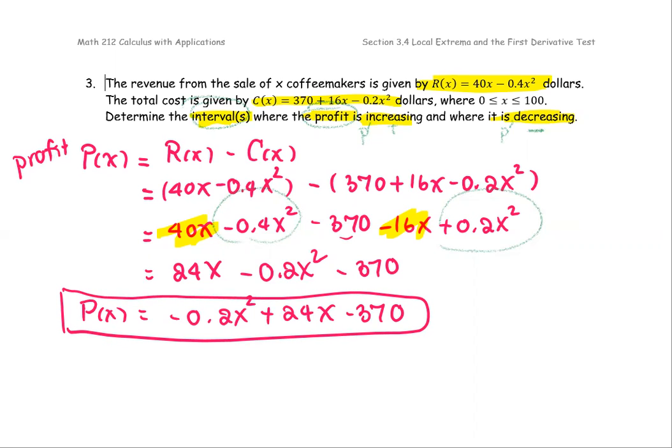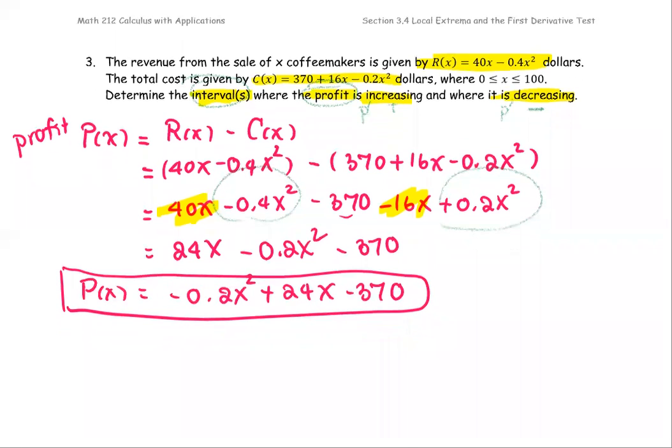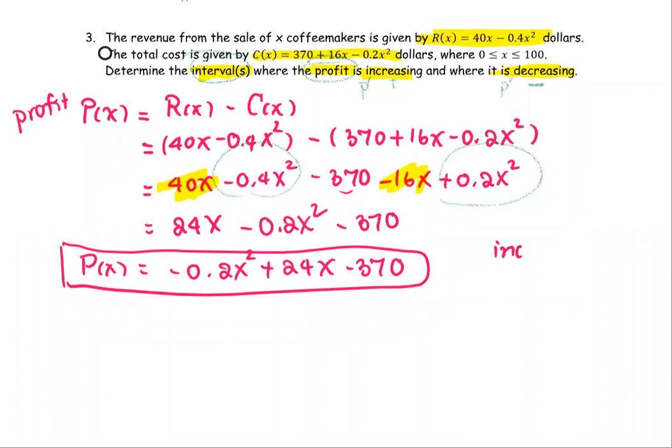Your goal is to find the interval where the profit is increasing and decreasing. For increasing, we look for the case that P prime is positive. For decreasing, we look for the case that P prime is negative. So we're going to find the point where the profit doesn't change, or P prime is 0.